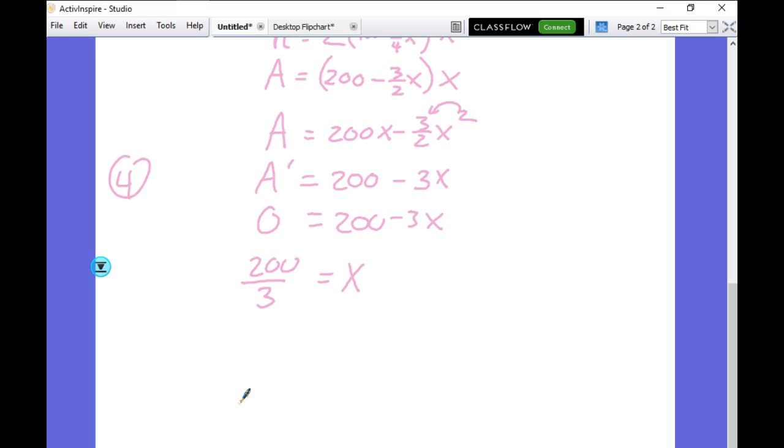Now what do we do? Plug it into which one? Secondary. That's not the OG. I wrote that wrong. Okay, so these cancel. 4 goes into 200 50 times.